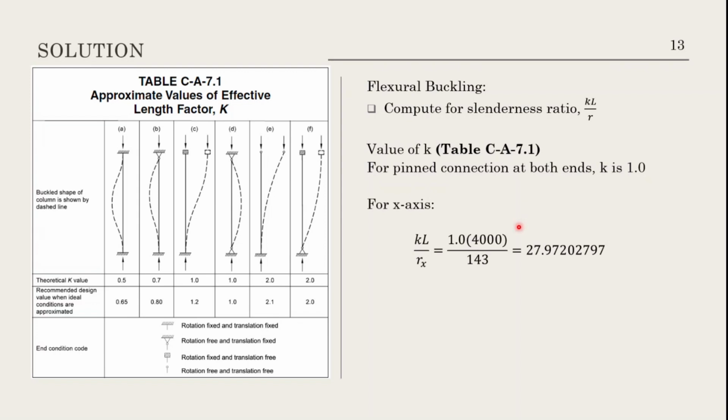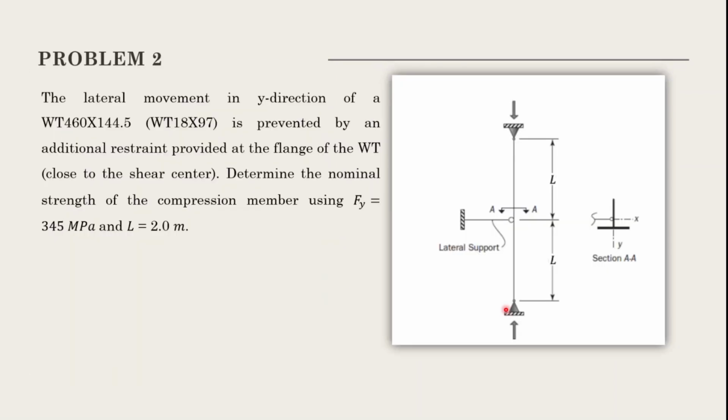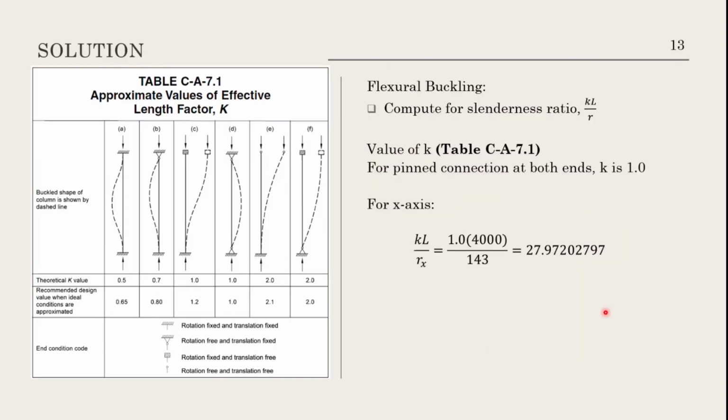So for x, L is 4,000, and K is 1.0 because, as you can see in our problem, they are pinned at both ends, and the lateral support is also pinned. So for buckling about the y-axis, the value of K is also 1.0.